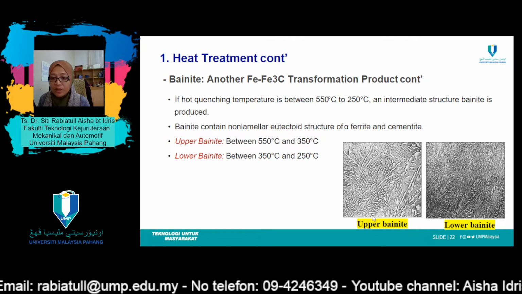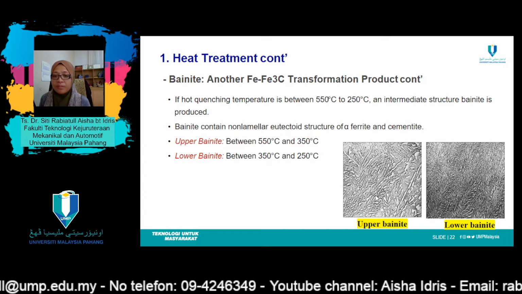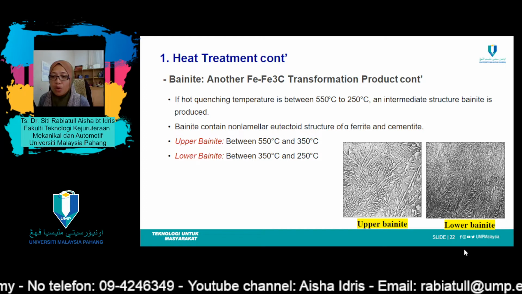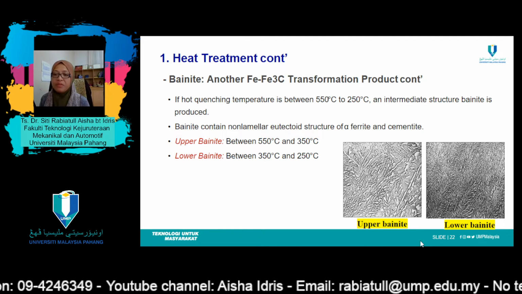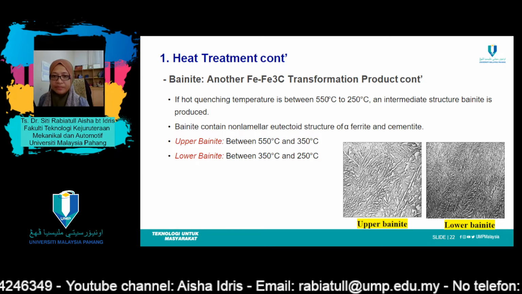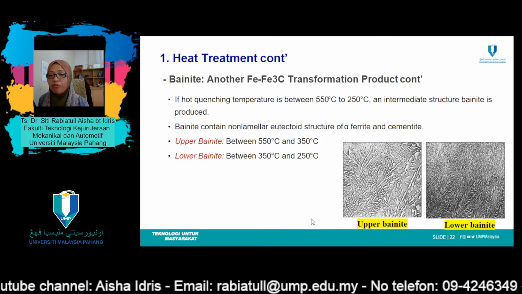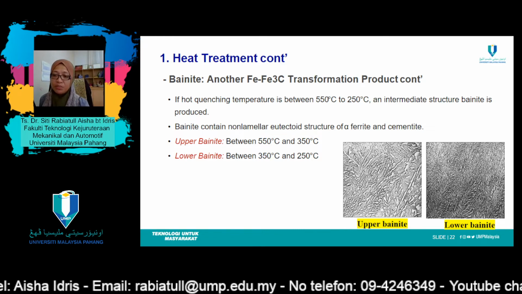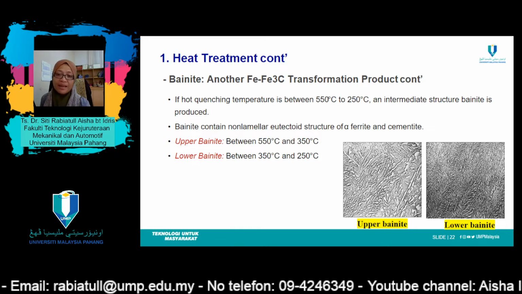This is the microstructure for upper bainite, which forms between temperatures 350 and 550, and lower bainite occurs between temperatures 250 to 350 degrees C. And remember, bainite can be formed through hot quenching, so the temperature needs to be controlled so that it will not drop drastically.